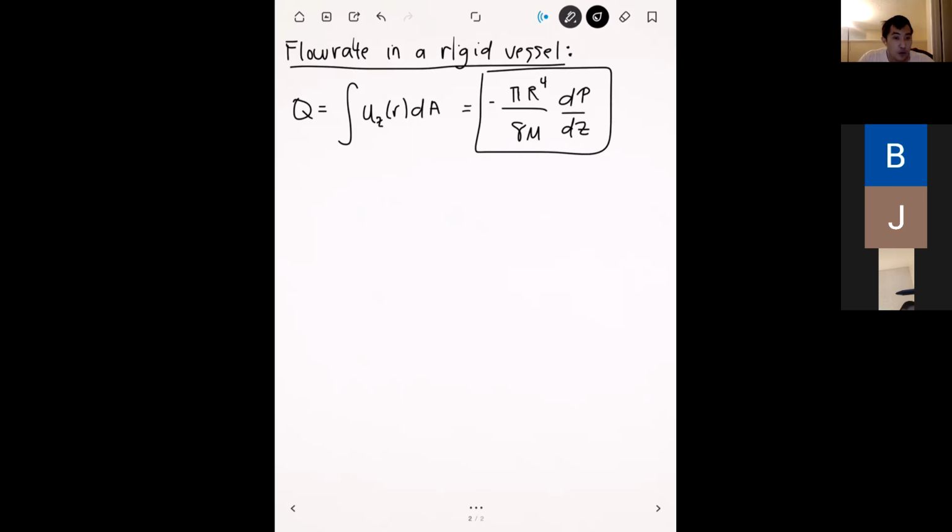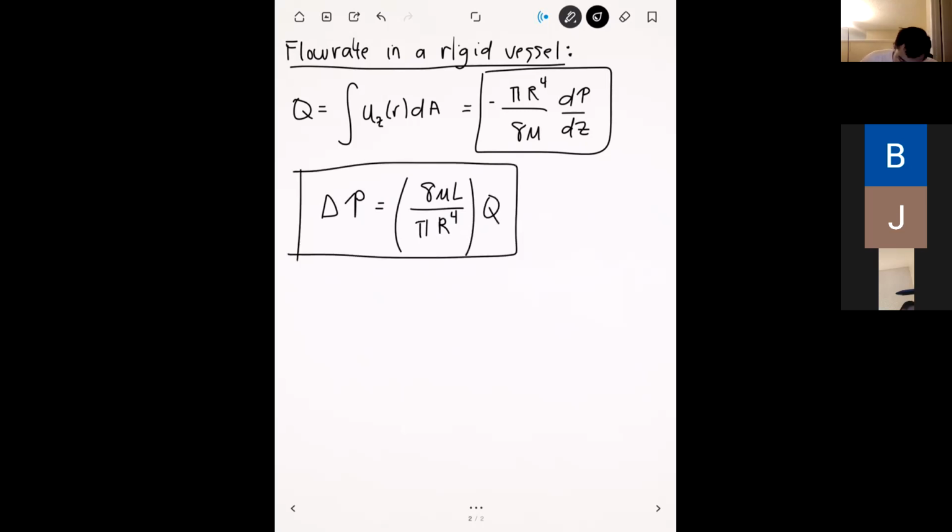And then the other formula that we got at the very end was the relationship between pressure drop and flow rate in a cylindrical vessel. That formula was the following: delta P is equal to 8 mu L over pi r to the fourth times Q. We derived this from the upper expression just by quantifying that pressure drop.